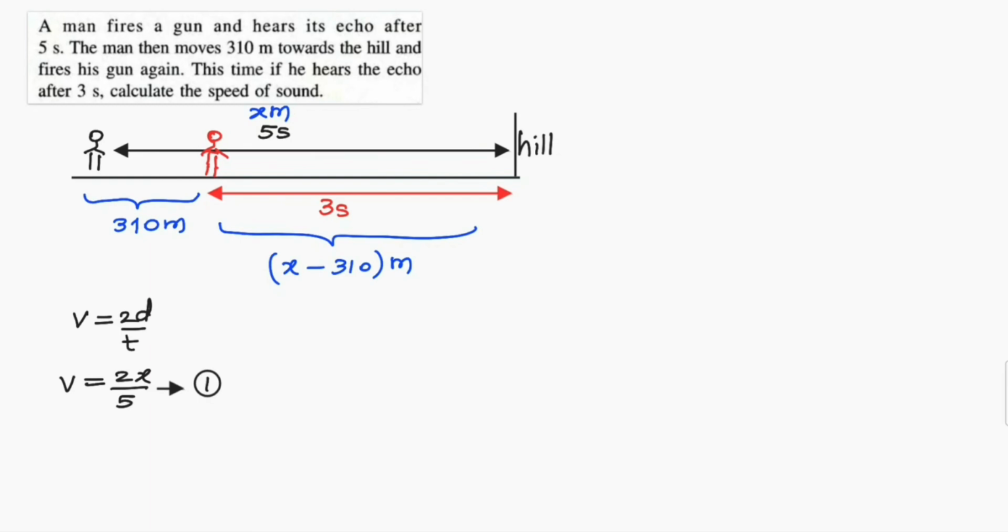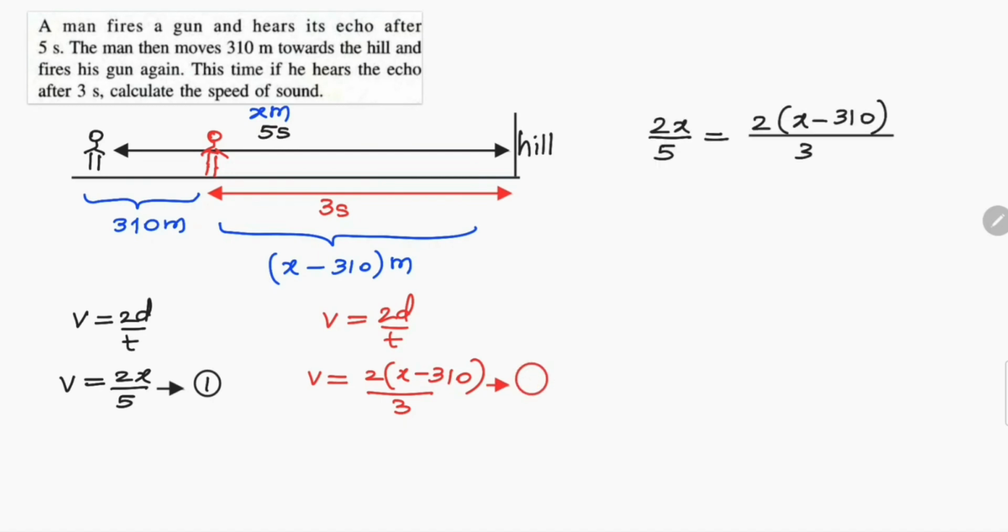Now solving the second part, shown in red color. Same thing, v is equal to 2d by t. We don't know the value of v. Distance is x minus 310 and time is 3 seconds. Let us say this is our equation number 2. Equating both the equations.